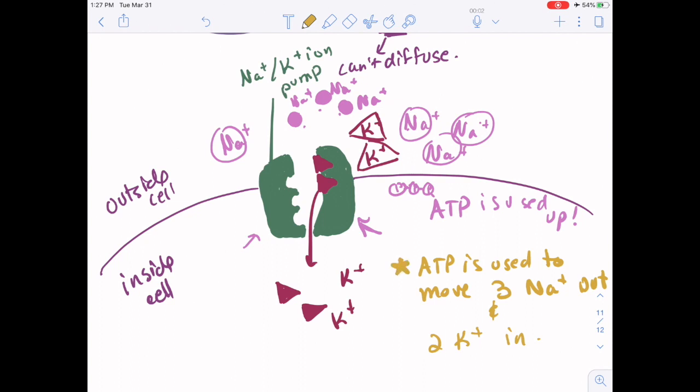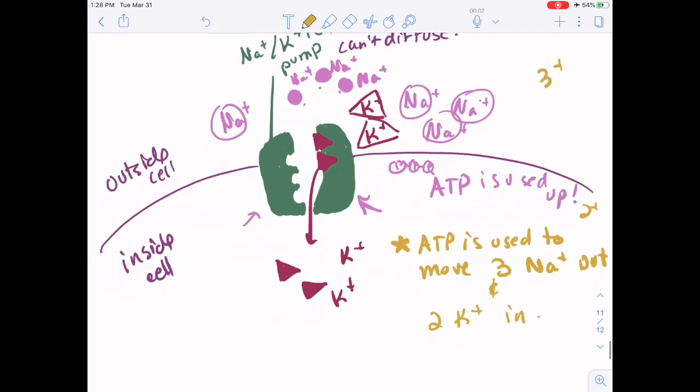Does that seem like a fair trade to you? We just moved 3 +1 charges out and moved only 2 +1 charges in. That is not even Steven, is it? Okay, so we've got an extra 3+ out here and a 2+ in here. Can you see that that's a charge differential there?